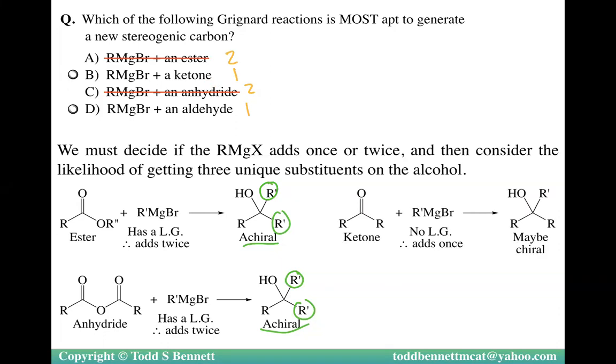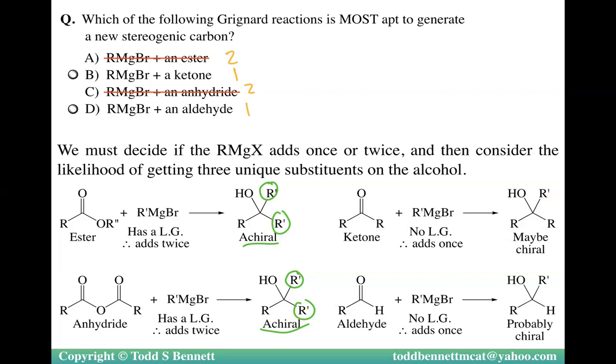Ketone could be chiral because these might be different, these might be different. But aldehyde is the one that's more apt. So note that it says the most likely. You could have an aldehyde that you start with where you add the exact same R group. So if R equals R, it's achiral, but in all likelihood, you'll get a chiral center here. This one, these two could be equal, or this could be equal to that one.